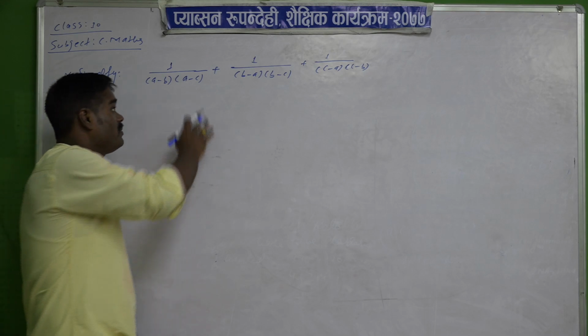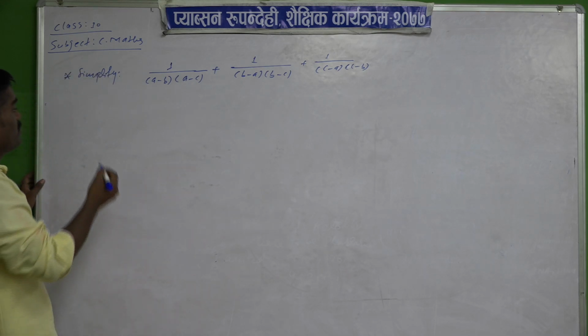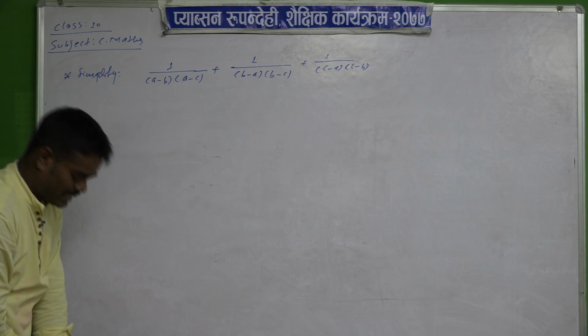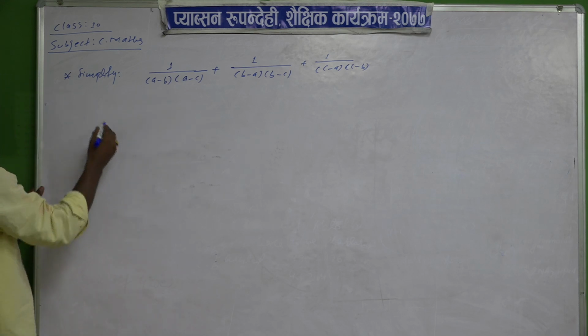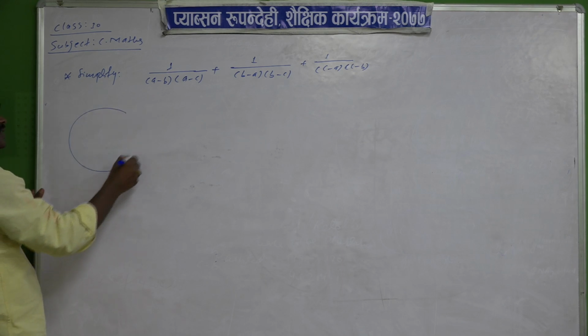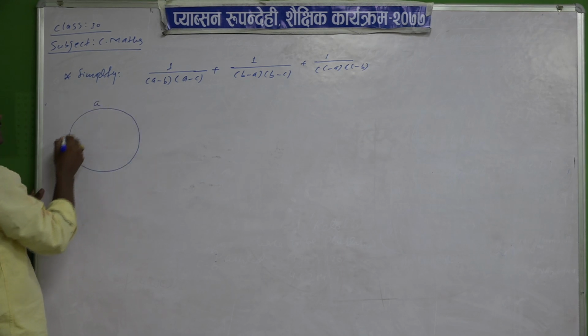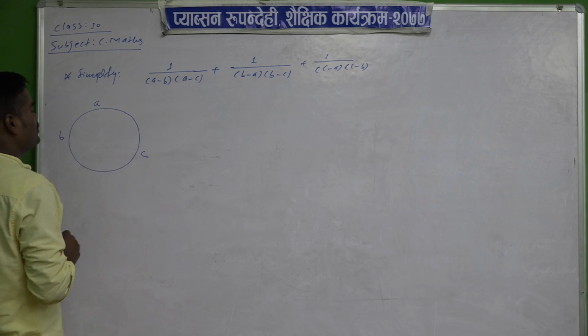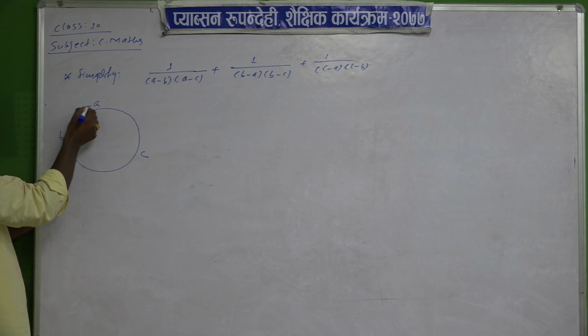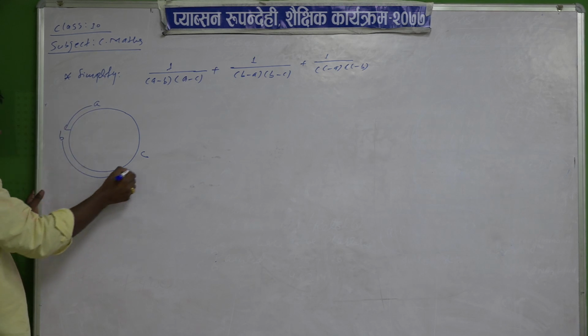To simplify this, before that we have to know what is cyclic form or cyclic order. See here, this is the circle, this is A, this is B and this is C. We have to move in this anti-clockwise direction.